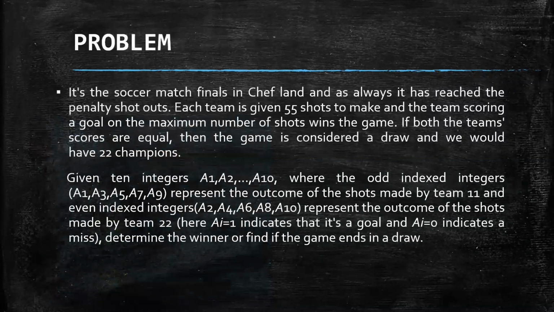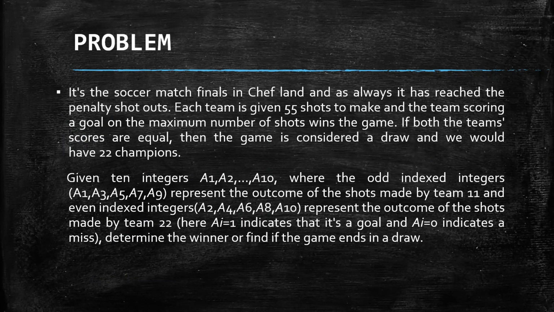Let's see the problem. It is the soccer match finals in Sheffield, and as always, it has reached the penalty shootouts. Each team is given 5 shots to make, and the team scoring a goal on the maximum number of shots wins the game. If both the teams' scores are equal, then the game is considered a draw and we would have 2 champions.